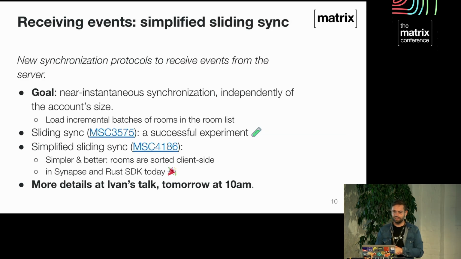Receiving events. As you heard, we have the synchronization protocol to receive events from the server. Your client needs to synchronize with the server, and that needs to be very efficient, otherwise you're going to wait a long time before you can do anything with your application. At the beginning, there was the previous version of sync, which was not very efficient, so we introduced sliding sync, and the goal there was to have something near instant, independently of the size of your account.